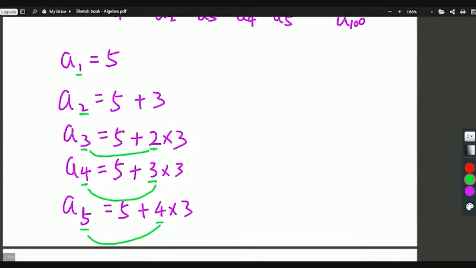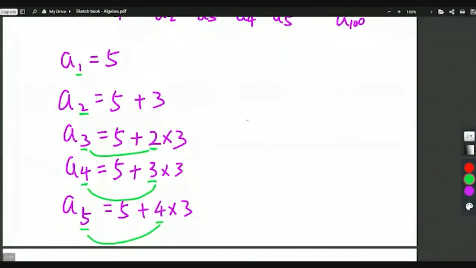The opposite one? So you mean the difference is 1, right? Yes. So as you can see here, this number is always 1 less than the term. So 2 is 1 less than 3, 3 is 1 less than 4, 4 is 1 less than 5.